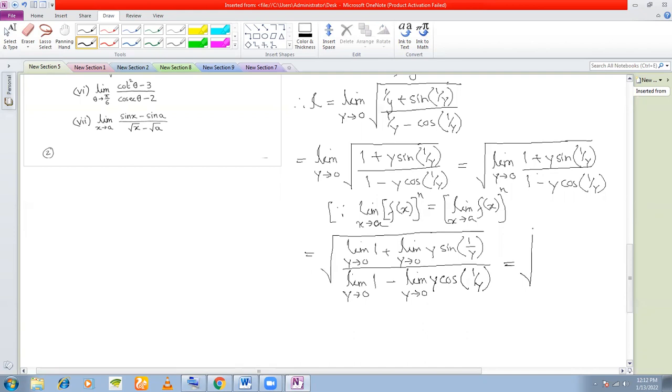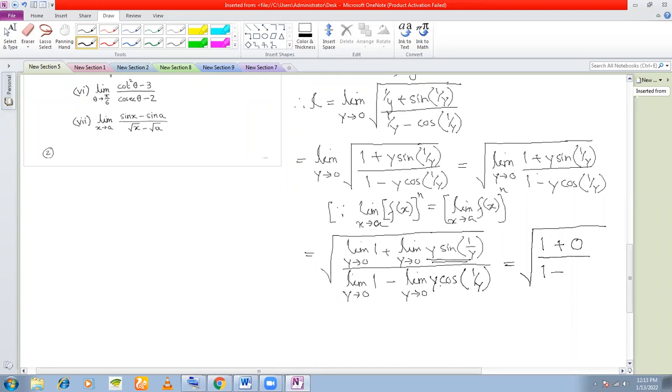Which is equal to square root of limit y tends to 0, 1 is simply 1. And again, this I already showed you in the last question. You can put y is equal to 0 because this will be 0 into some finite quantity which will be equal to 0, right? Yes.